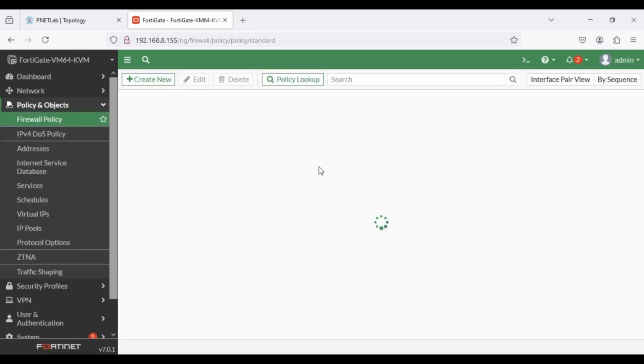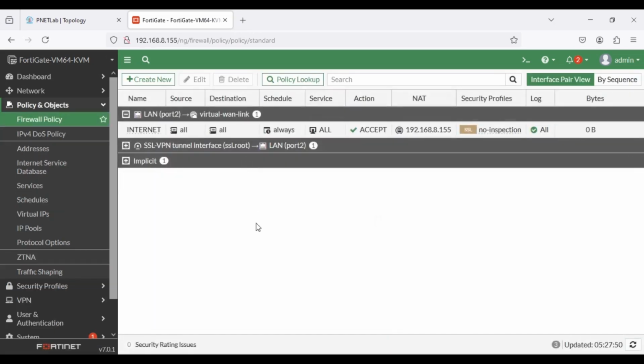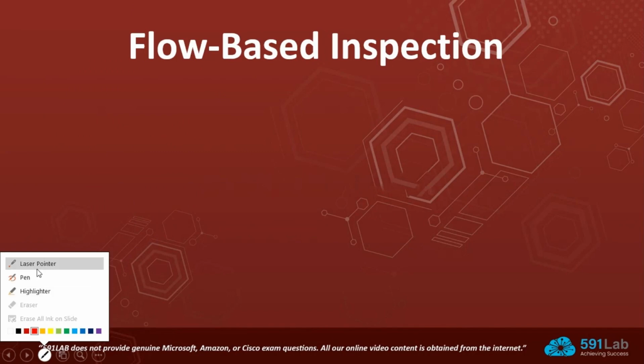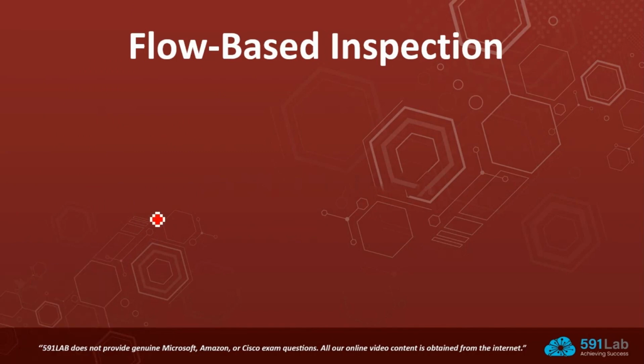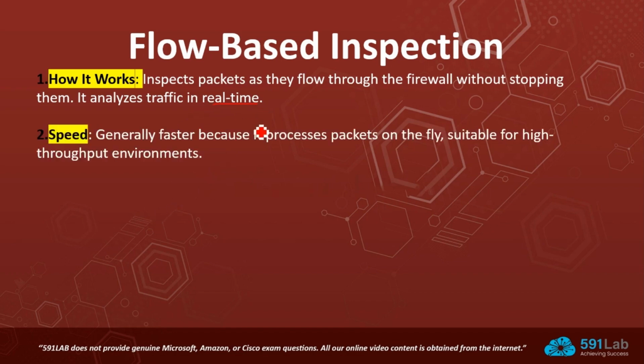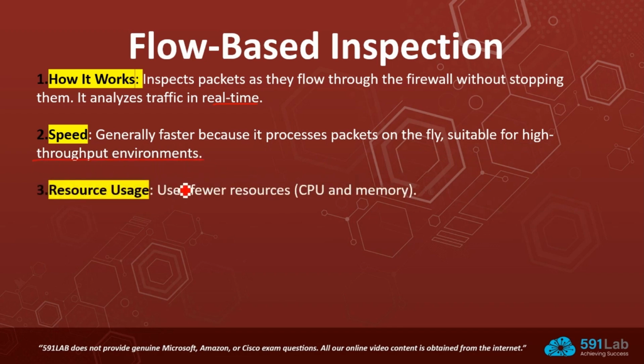Okay, let's understand what is flow-based first. The flow-based inspection inspects packets as they flow through the firewall without stopping them. It analyzes traffic in real time and is generally faster because it processes packets on the fly, suitable for high throughput environments. In resource usage, it uses fewer resources, CPU and memory.